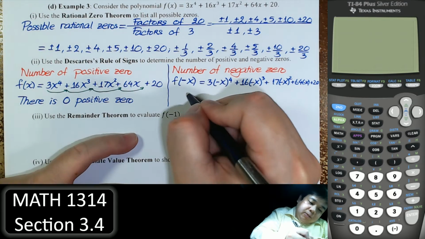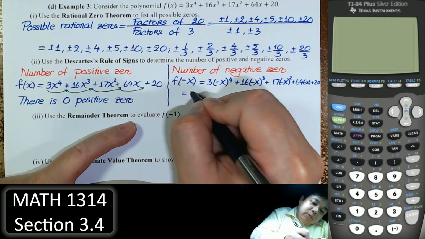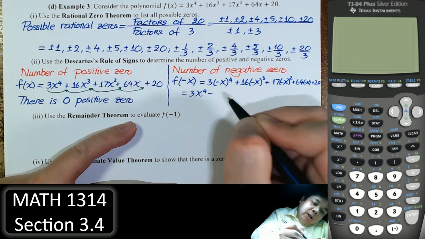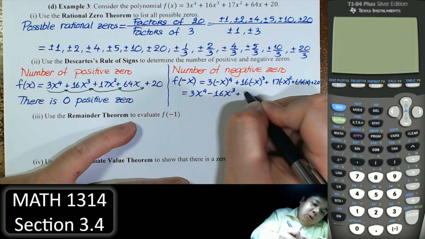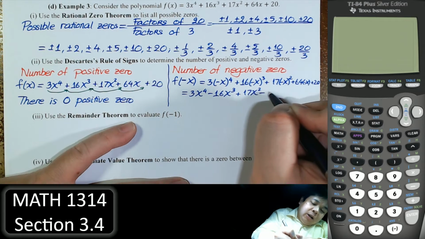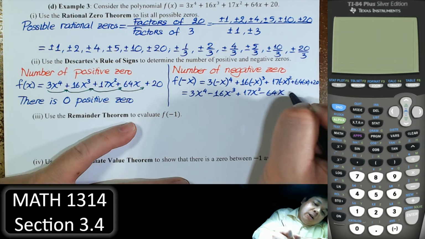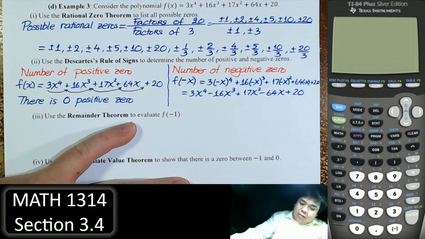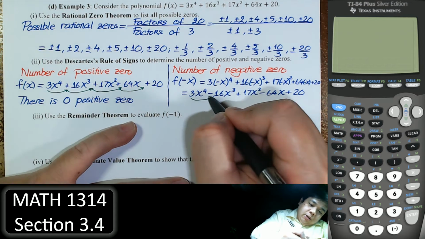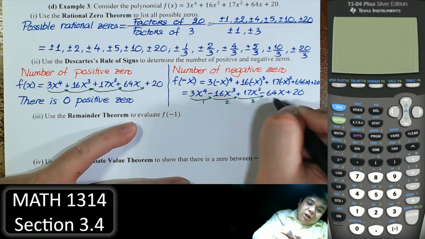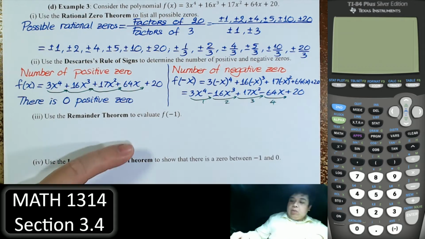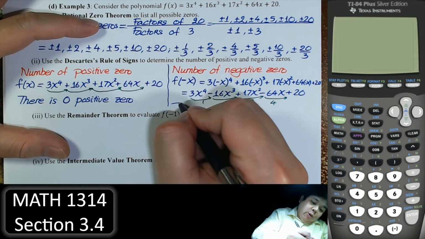Right. That's going to be positive, negative, positive 17x squared, negative 64x plus 20. So 1, 2, 3 sign changes and 4 sign changes. So we say there are 4.